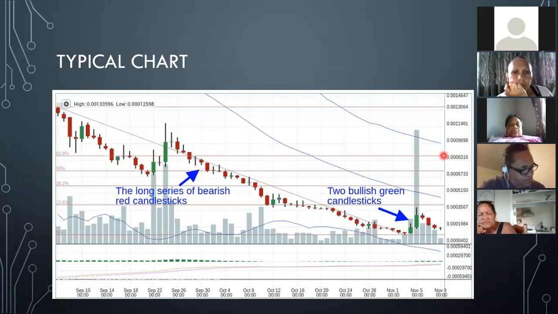Let's say this chart's for Bitcoin, and you bought into Bitcoin at 8,316. That's your entry point. That's what we call your entry point. You've just bought into BTC at 8,316.